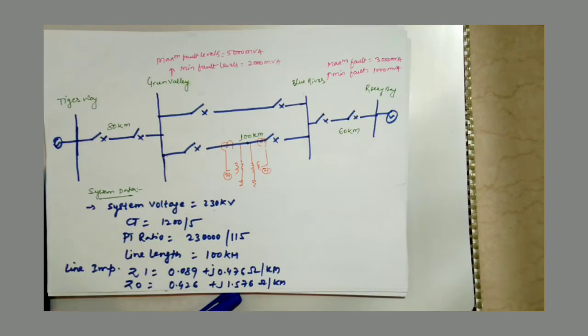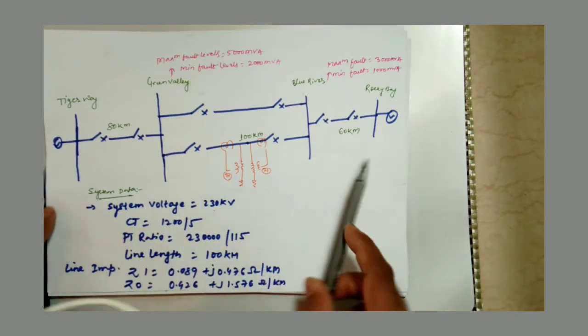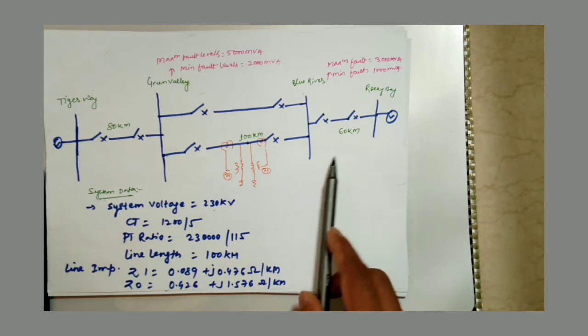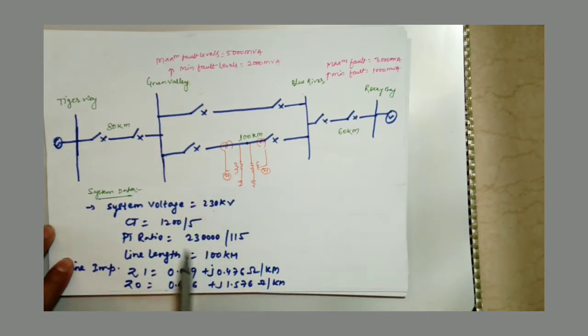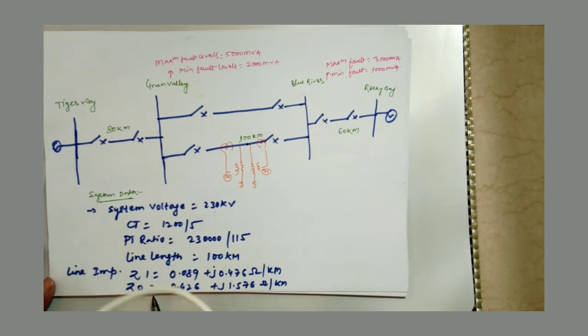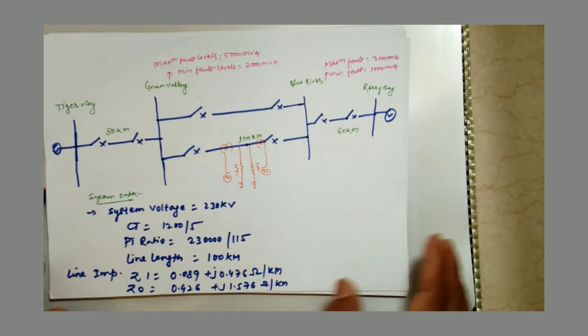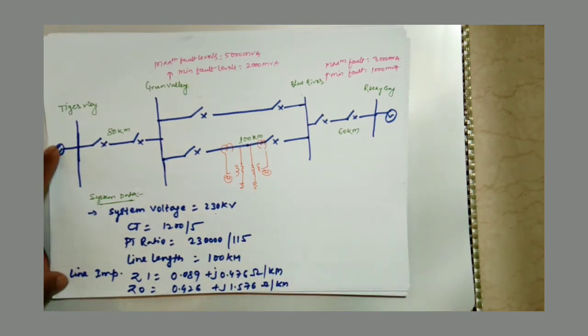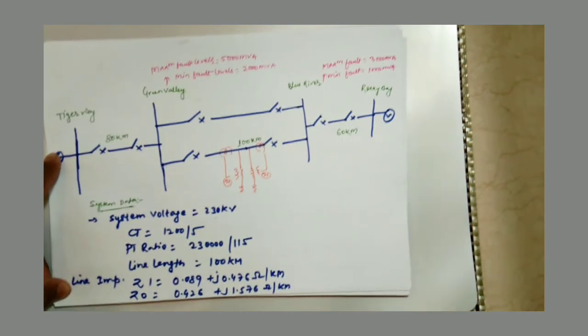Simply let me summarize. We have taken the Green Valley and Blue River circuits, and we have got the values of line impedance, zero sequence impedance, and positive sequence impedance. From the data you can get the cable impedance, zero sequence and positive sequence impedance.